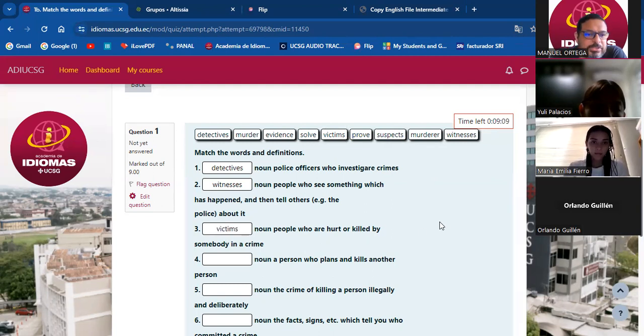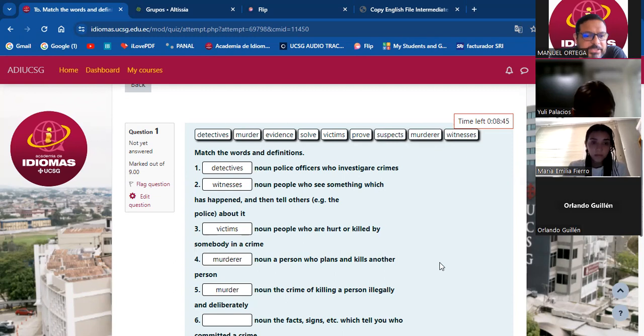Excellent, thank you so much to the ones that cooperate. Number 4, a person who plans and kills another person. Murderer. Very good, murderer. Number 5, the crime of killing a person illegally and deliberately. Murder.